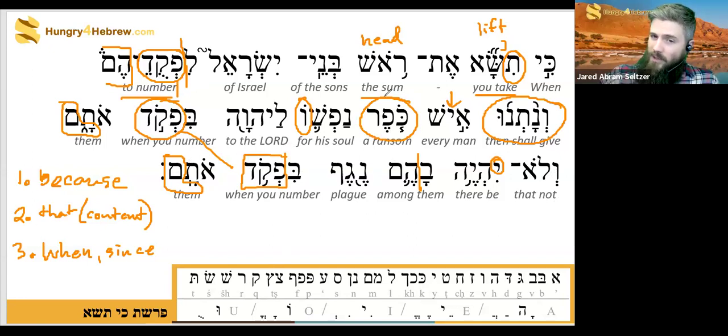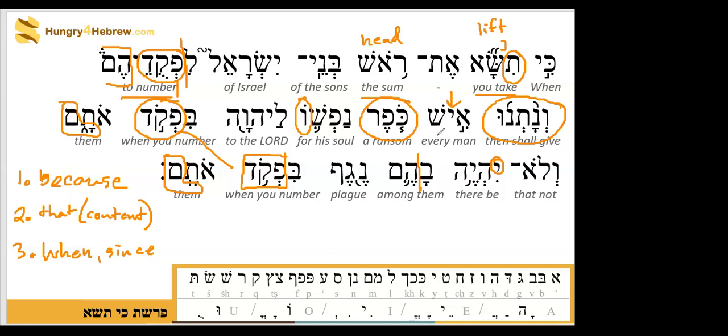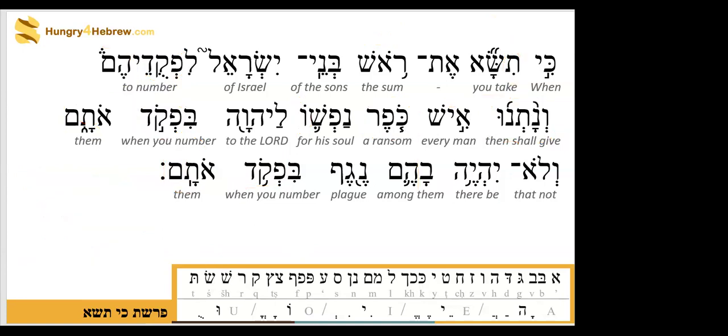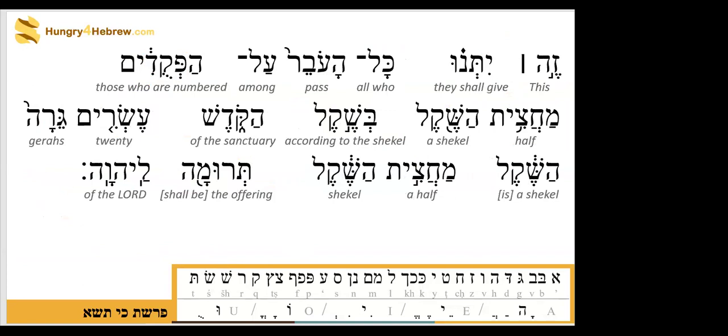But then again, wasn't it each person who had to pay? That's what it says here, the ones that are being counted. Yes. So even if David decided to pay for all the people and still complete the census, I don't know if he would have been guiltless. Probably not, but he ended up paying anyway because he ended up paying for the threshing floor because of that action.